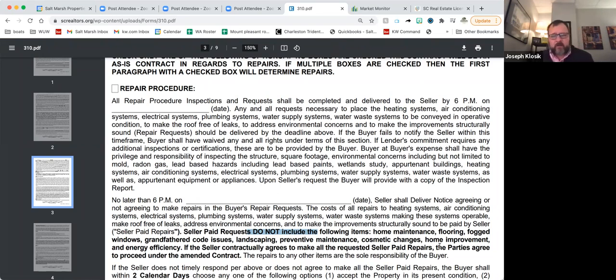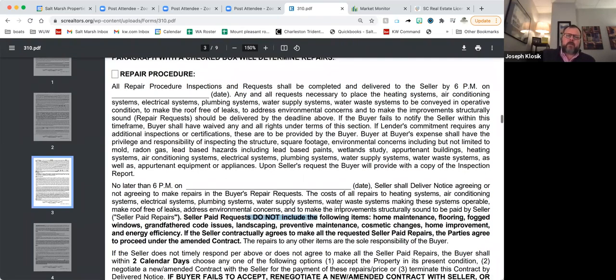The seller contractually agrees to make all the requested seller paid repairs. The parties agree to proceed under the contract. The repairs to any other items are the sole responsibility of the buyer. Okay, so the seller has until this time to respond, basically, to the repairs.